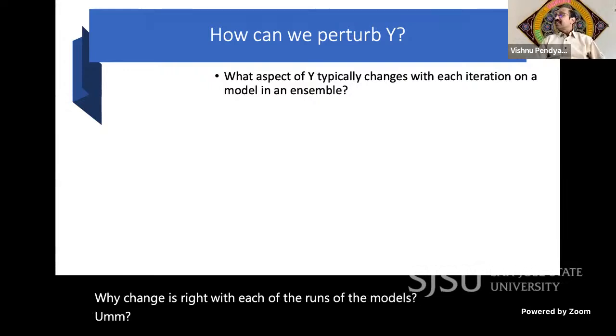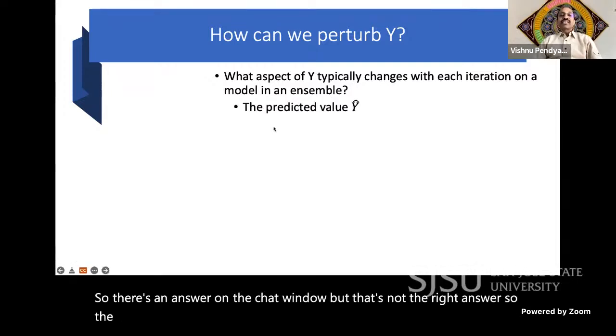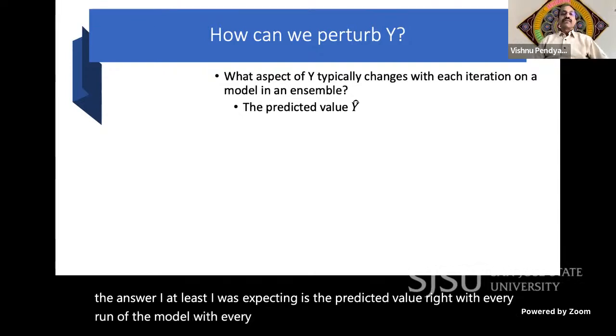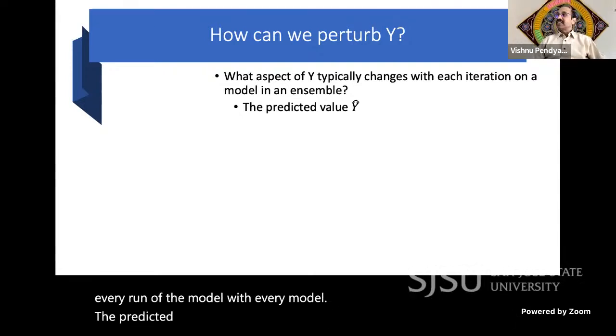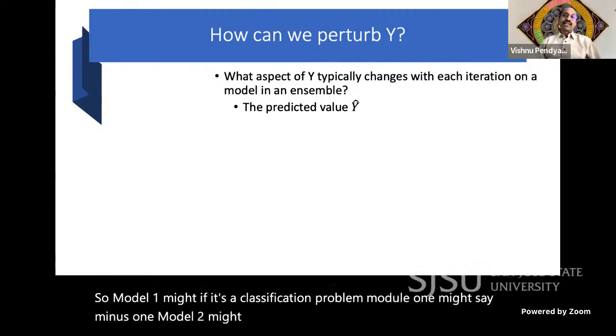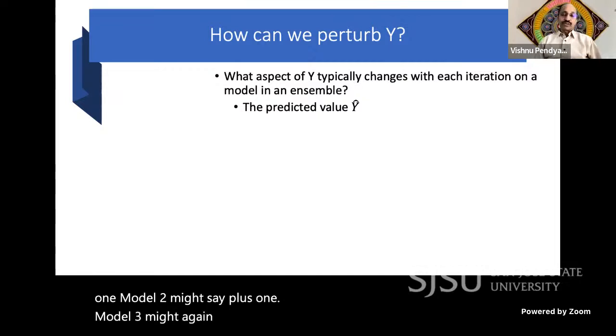There's an answer on the chat window, but that's not the right answer. The answer at least I was expecting is the predicted value, right? With every run of the model, the predicted value from the model changes. If it's a classification problem, model 1 might say -1, model 2 might say +1, model 3 might again say +1, so on and so forth, right?